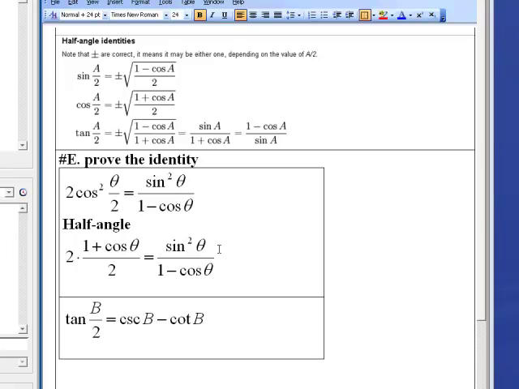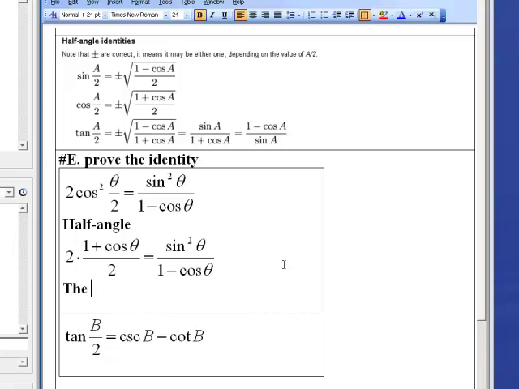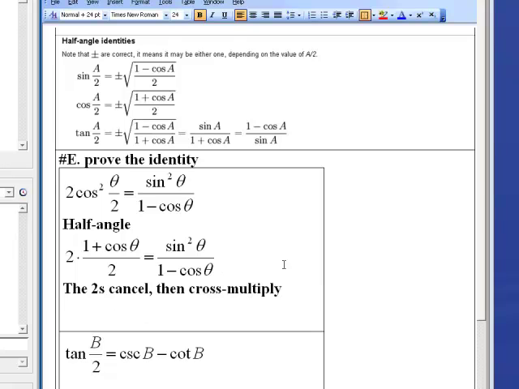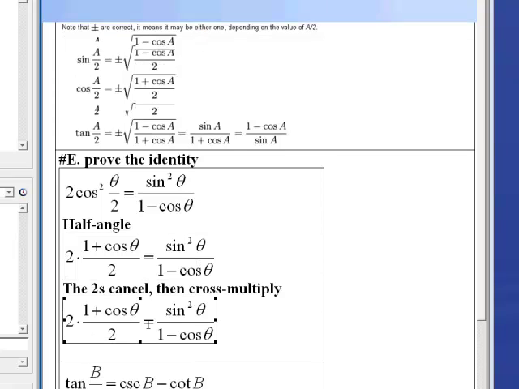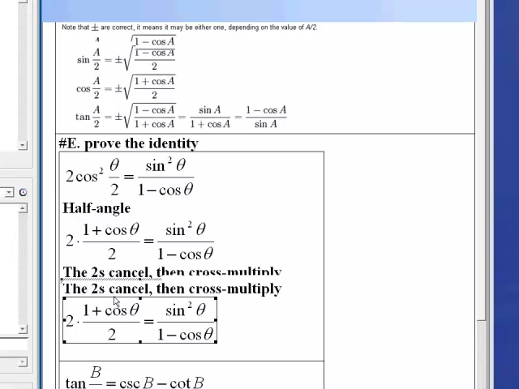Let's see what I'm going to do. Oh, the rest is very, very easy. Obviously, the 2's cancel. And then cross multiply. And then you might guess by now that we'll come up with the Pythagorean.